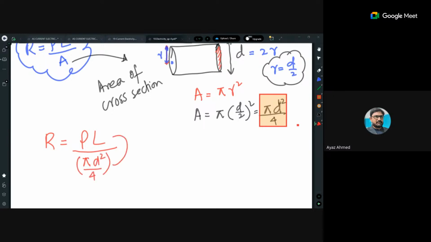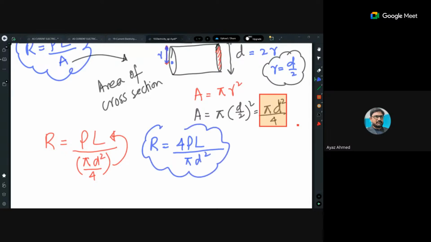So the 4 would be shifted upward, I mean only the 4, not all. So I will get R is equal to 4 rho L divided by pi d square. Although this equation is hard to recall, you have no choice. Okay, recall it.